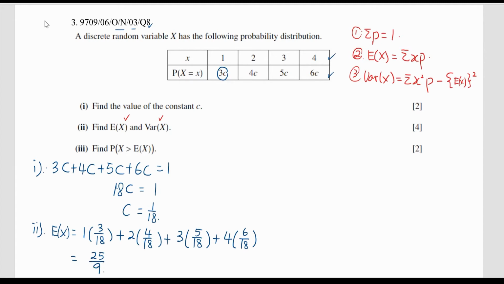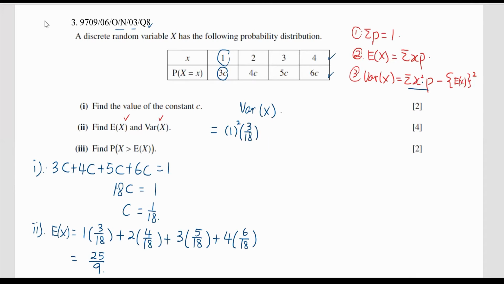Now we continue to find the variance. According to the formula, the variance is the summation of x squared p. So what does x squared p mean? First your value of x is 1, and you need to square it, and then multiply with p. The p is the probability, 3 over 18.